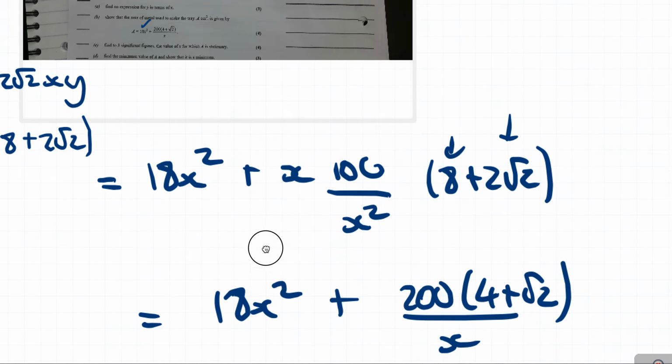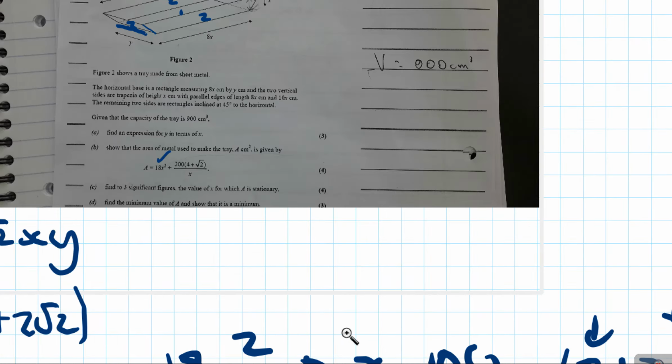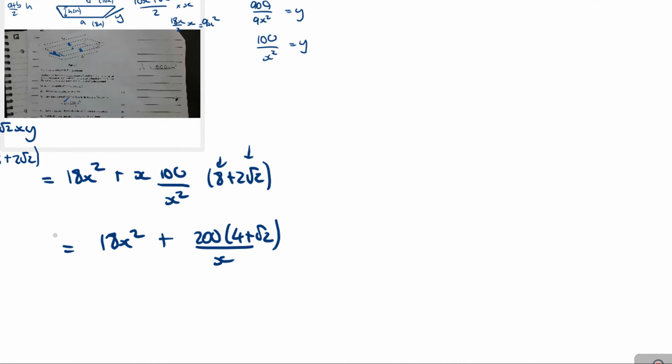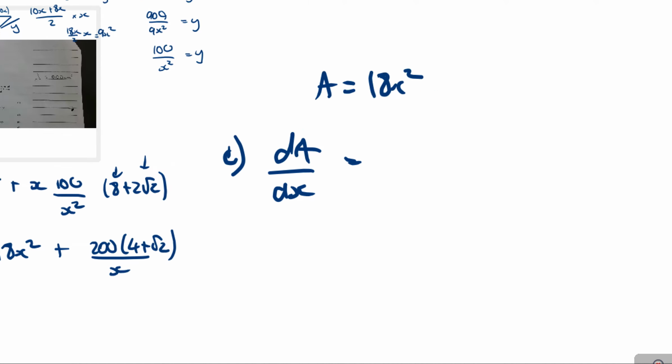And there we go. So the third part is: find, to 3 significant figures, the value of x for which A is stationary. If we're going to find the stationary point, we're going to differentiate, so it's going to be dA/dx. Again, I always rewrite this if we've got an x that's over the top, so it's going to be plus 200(4 + √2)x^(-1).